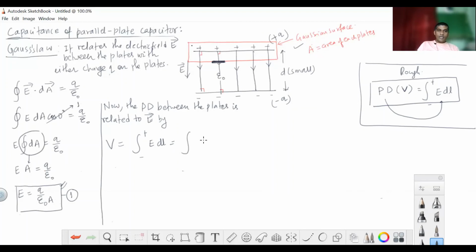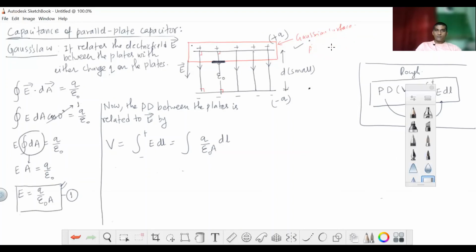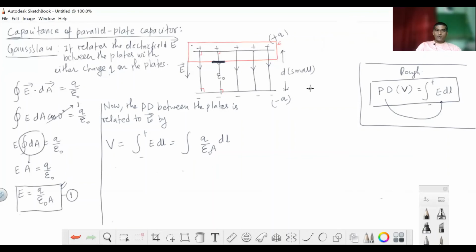So E is Q by epsilon 0 A. I am going to put the limits later. And we have dl. Now we are integrating from the negative plate to the positive plate. So we are integrating from this position, the initial position, to this position, the final position, along this direction.